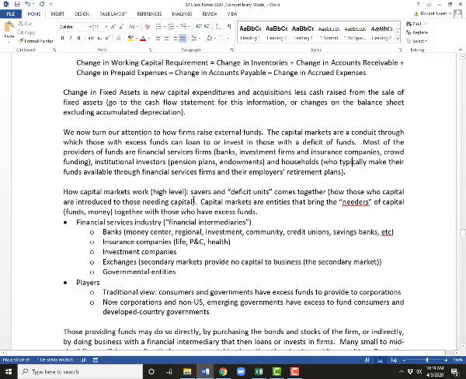Households historically would make funds available through banks and insurance companies and their retirement plan. The question is, are people borrowing more or are they investing more today? And usually corporations were the ones that needed funds.